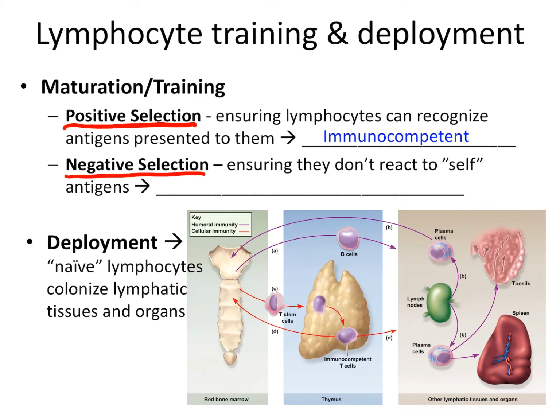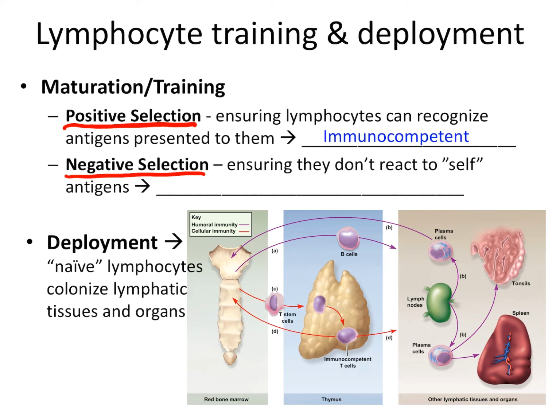Now, after proving that they are immunocompetent, the next thing they need to do is pass a test proving that they're not going to overreact and attack the body's own cells. So they need to be able to detect foreign antigens, but they also need to be able to recognize your own body cells so they don't mount an immune response attacking your own cells.